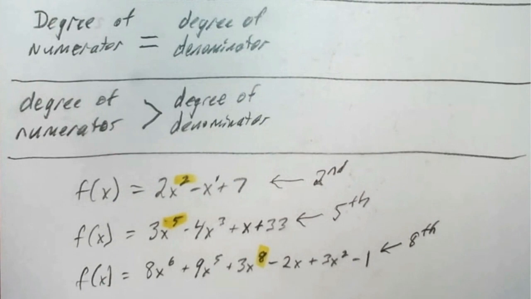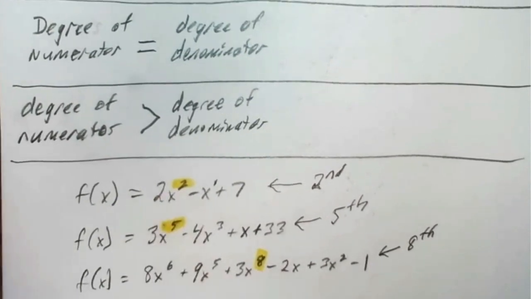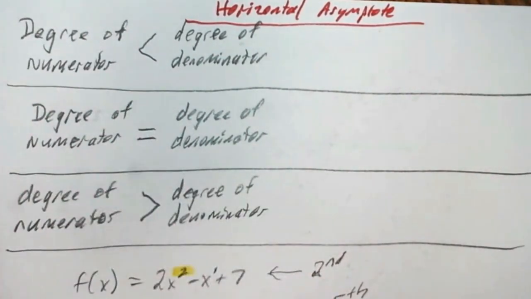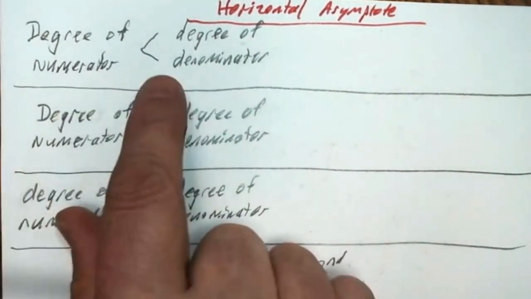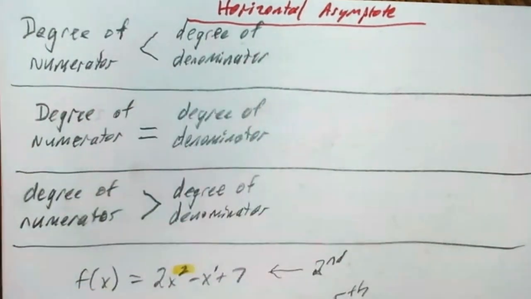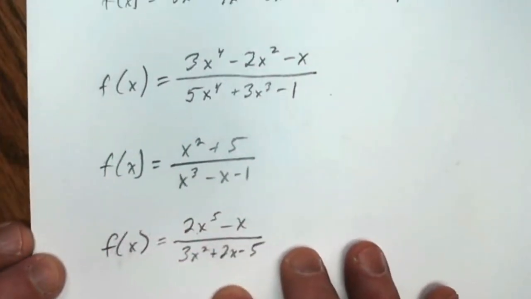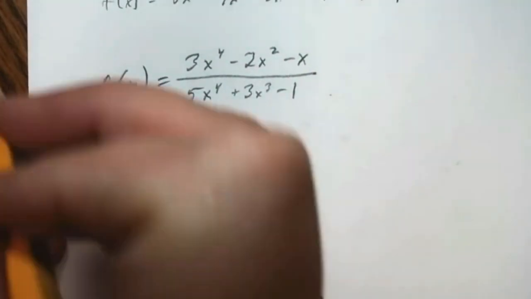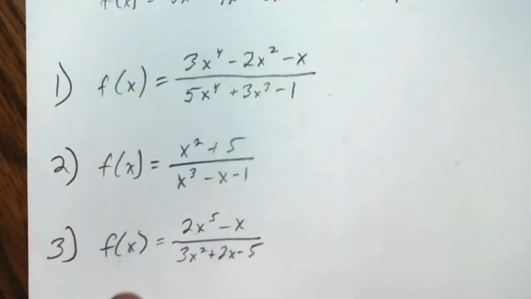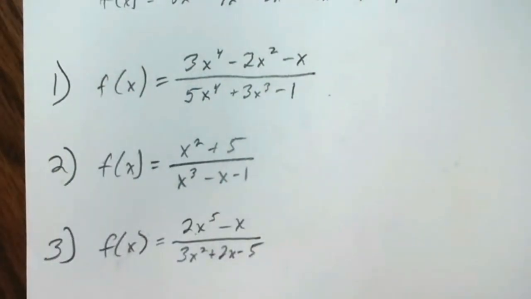Okay, so now that we understand degrees a little better, that helps us understand what we're talking about up here. If the degree of the numerator is less than the degree of the denominator. So let me see, I have some examples down here. I'm going to number these. Tell me which one of these is the degree of the numerator less than the degree of the denominator?